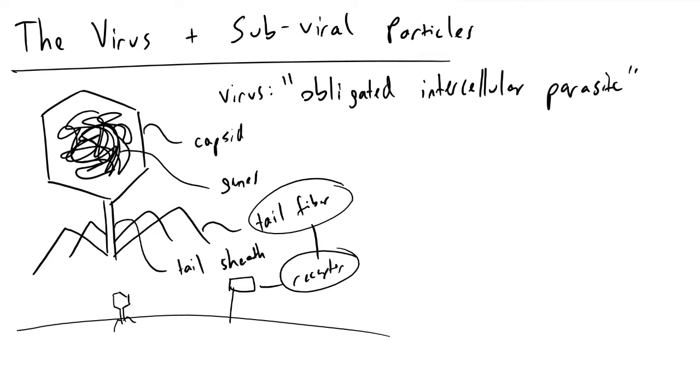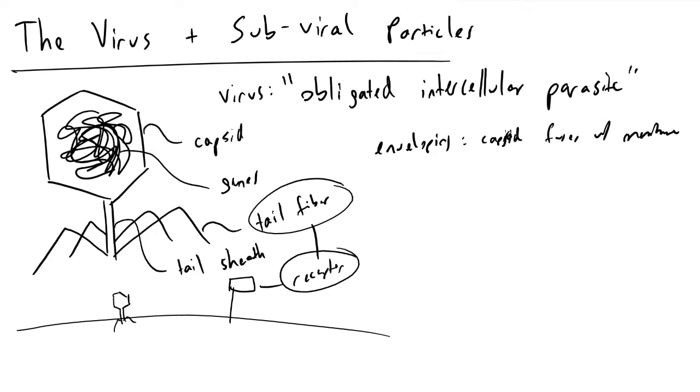And what happens next is, because there are different types of viruses, we may or may not see something referred to as enveloping occur. And enveloping means that the viral capsid fuses with the membrane.